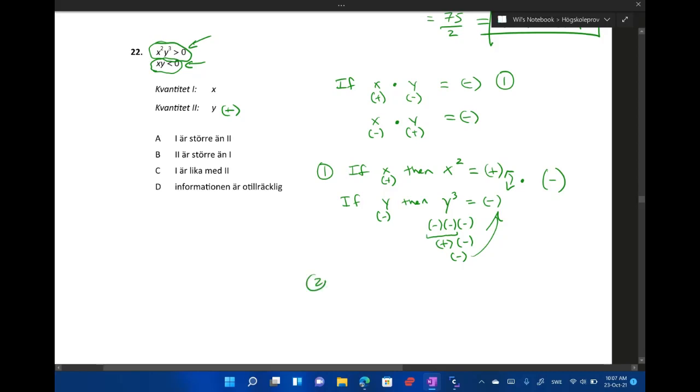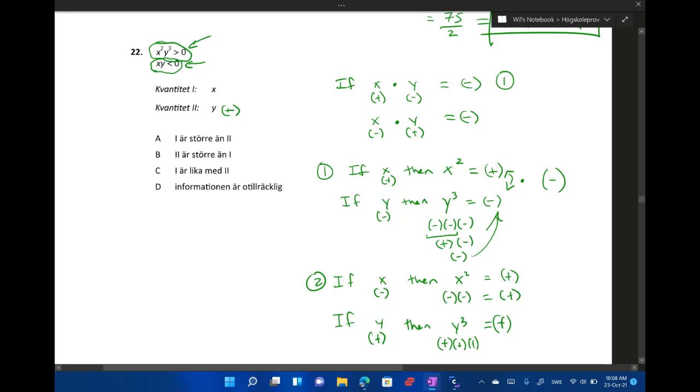Or if we look at another option, if x was a negative number, okay, then x squared is going to be a positive number, because a negative times a negative number will give us a positive. And if y was positive, then y cubed is always going to be positive, because it's a positive number times a positive number times a positive number.